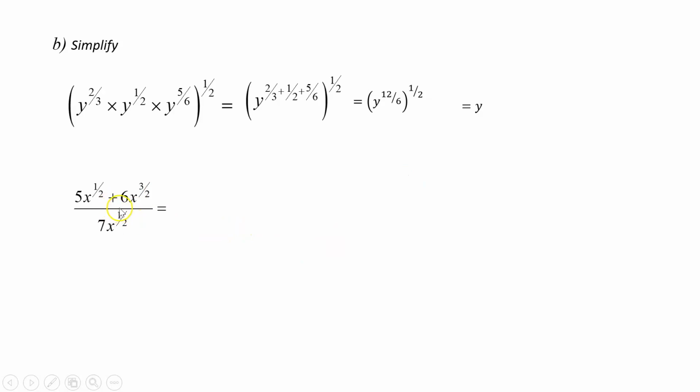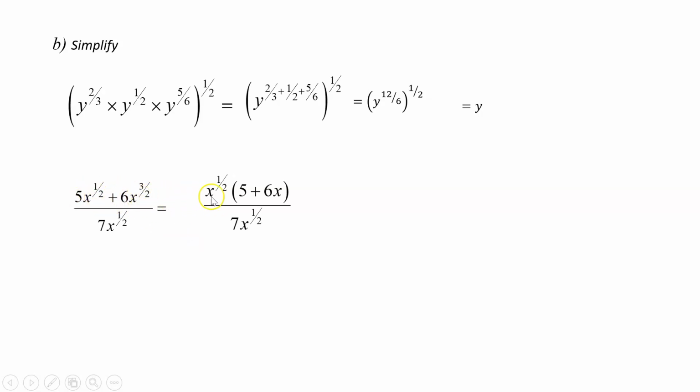Now if you have a plus in a fraction here, you can't do anything to the indices. You have to look to see what's common, what you can take out of the expression on the top. I can see that I've got x to the half common to the top.